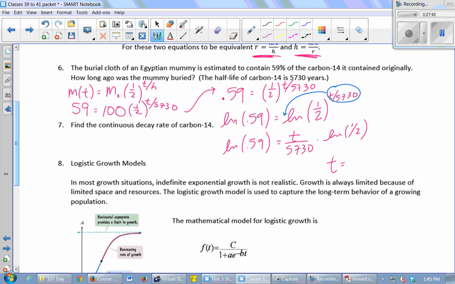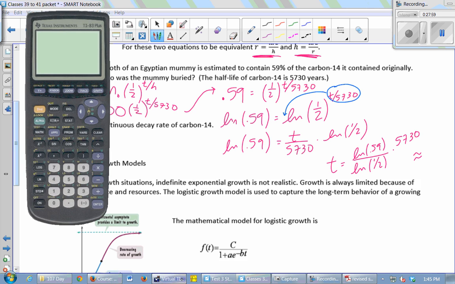So we get T is ln of 0.59 divided by ln of 1/2 times 5,730, which is about 4,361 years old.